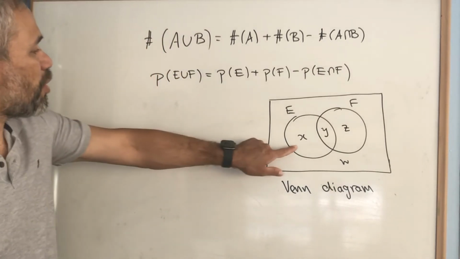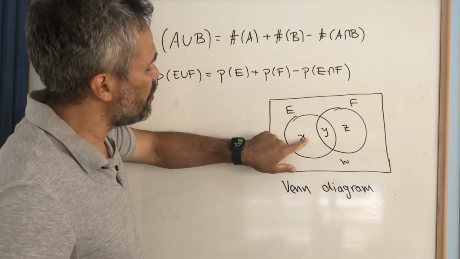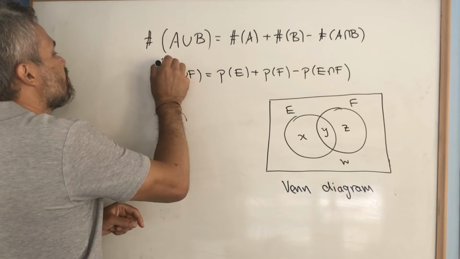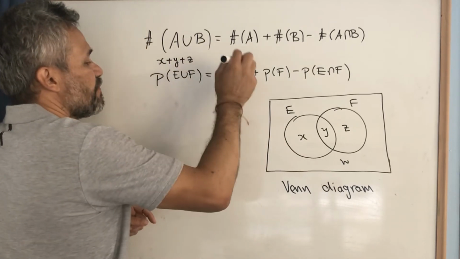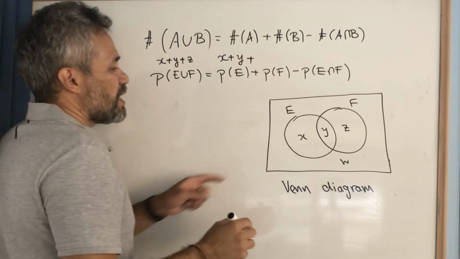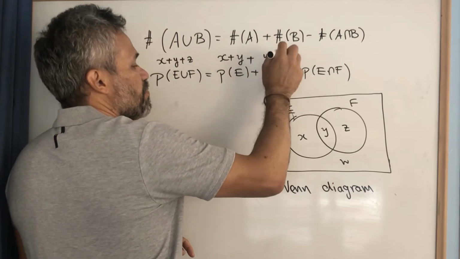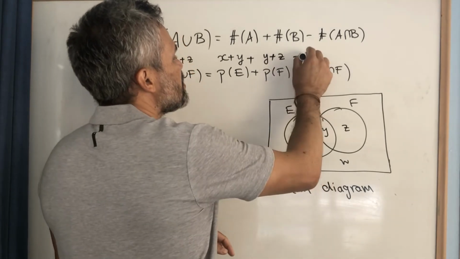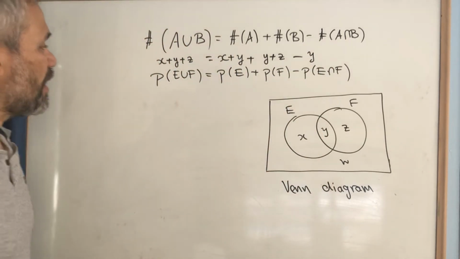And then this property essentially says that the probability of the union, which is these three elements, X plus Y plus C, is equal to the probability of E, which is X plus Y, plus the probability of F, which is Y plus C, minus the probability of the intersection, which is Y. We can check that these two things are the same.